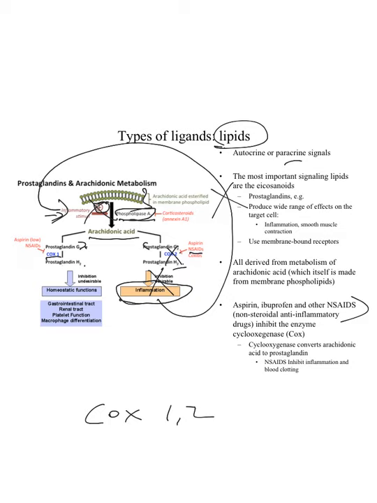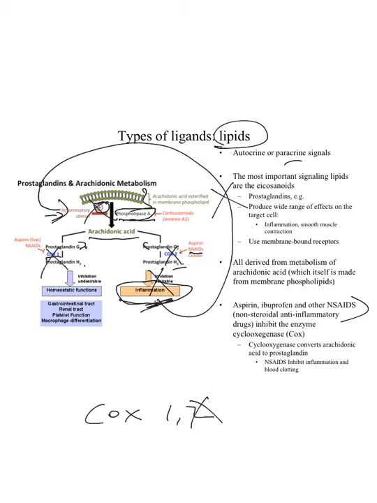If you've ever taken ibuprofen or aspirin over a period of many, many days at high levels, you might have noticed you're getting a stomach ache and some GI disturbance. And the reason for that is aspirin and NSAIDs are non-selective COX inhibitors. Not only do they inhibit COX-2, which is the one that leads to inflammation, they also inhibit COX-1.